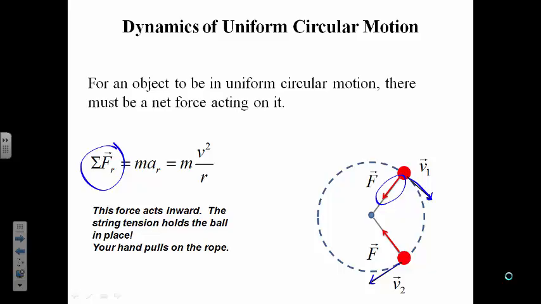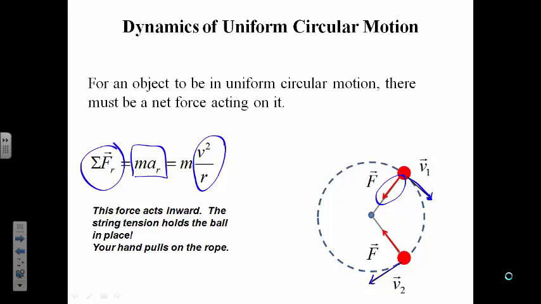Otherwise, the ball would do something else and it wouldn't stay in its circular path. So that's why, when we sum our forces and it's pointing inward towards the center, we say the result of our radial forces is MAR. And we can replace AR with V squared over R. And so this radial force, or centripetal force, is an inward acting force.